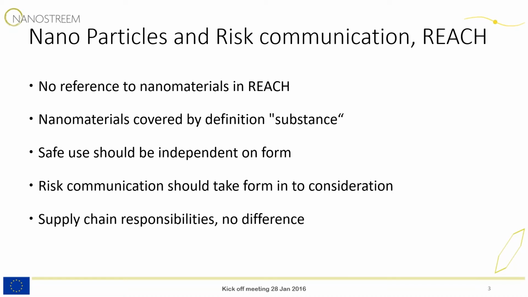And so the risk communication should take the form into consideration. And that means that for the supply chain, there are really no differences in responsibilities regarding normal chemical substances and nanoforms of those substances.